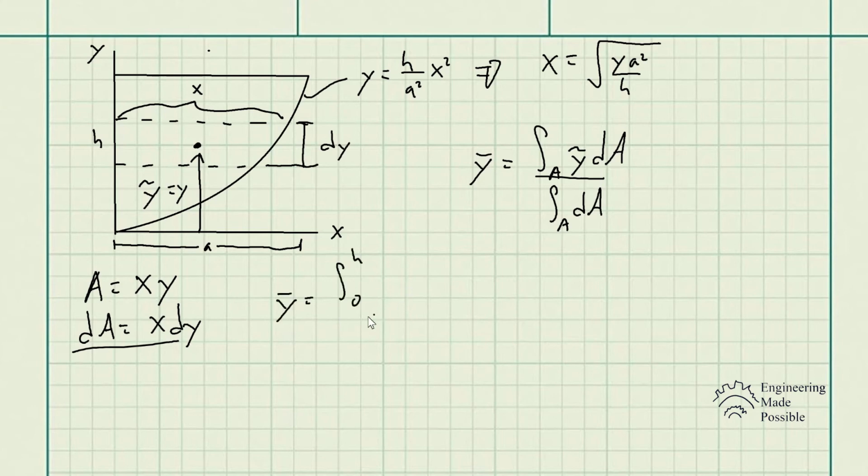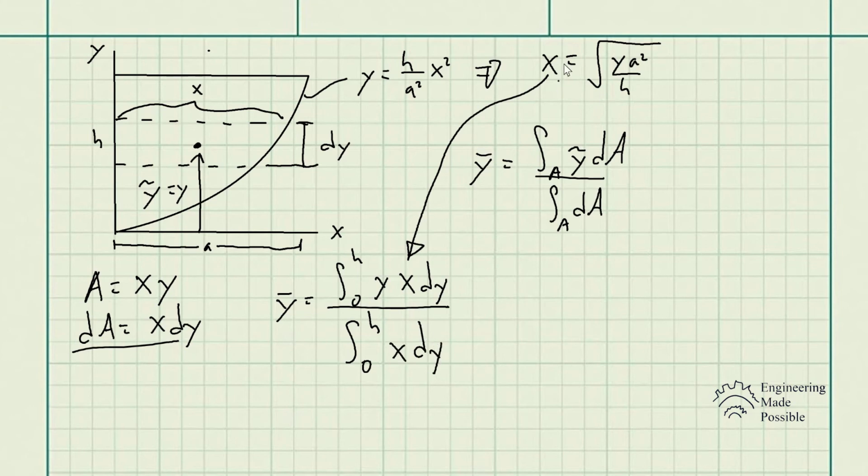So we have the integral from 0 to h, since we're doing it with respect to the y-axis here. The y bar is equal to y times dA, in this case x dy. But of course we solved for the x with respect to y, and we could just plug it in afterwards. Then the denominator is the integral from 0 to h of dA, x dy, and of course we just plug in for x to further simplify this.